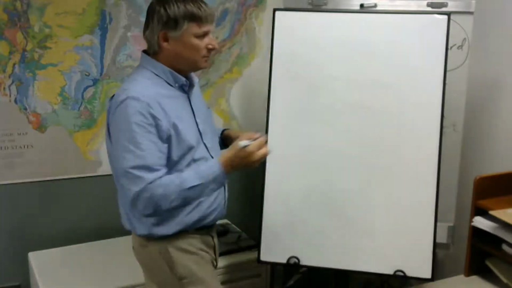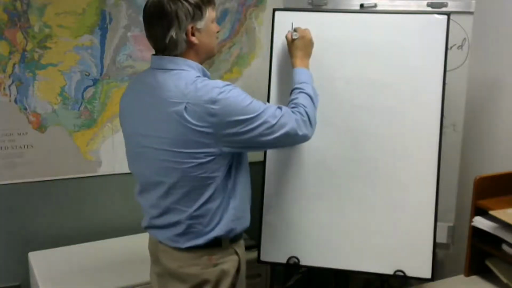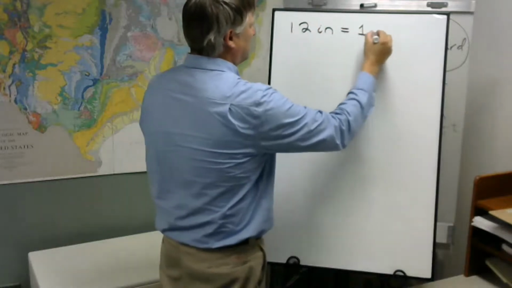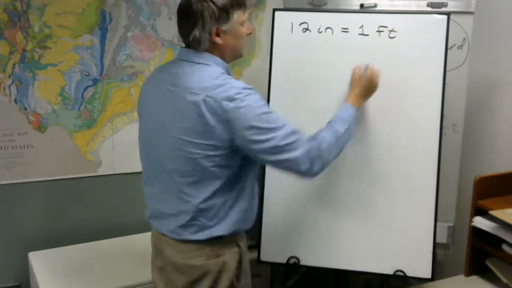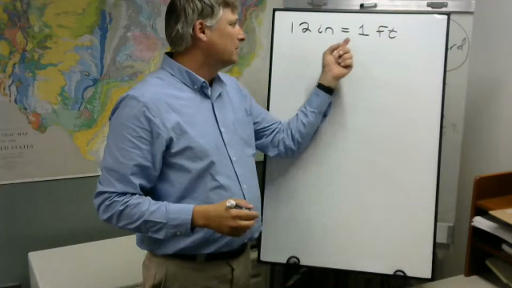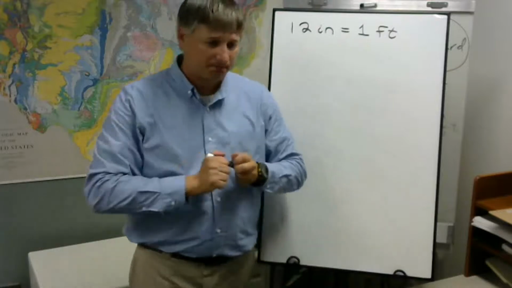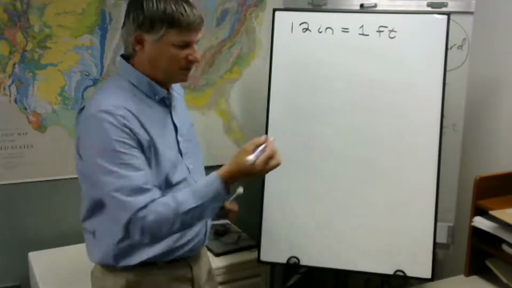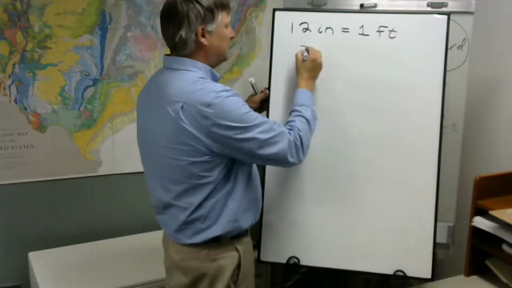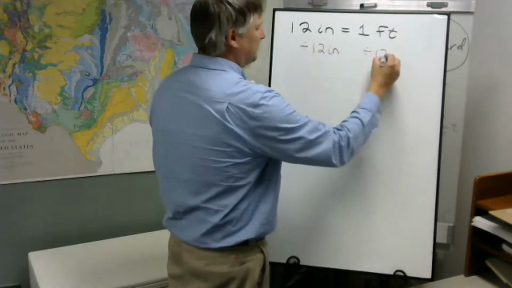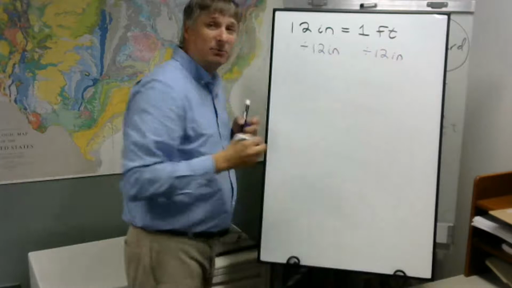Let's go back to inches and feet. So we know there's a relationship between inches and feet. It's 12 inches is the same as 1 foot. Now, what we're going to do is something that might seem kind of strange. Let's divide both sides by 12 inches.